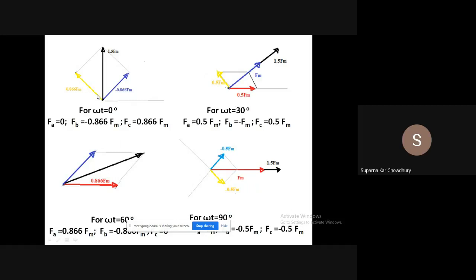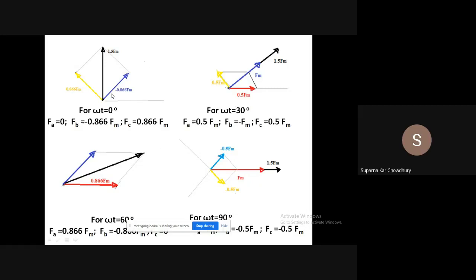So individually, phase A, phase B, and phase C are creating pulsating fields along their axes, but what exists in the air gap is the resultant of these three MMFs, and you can see it is an MMF which has a constant magnitude and is rotating.